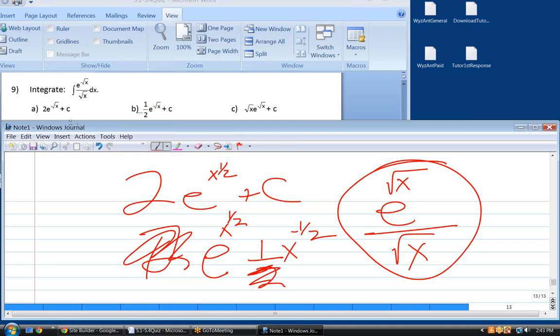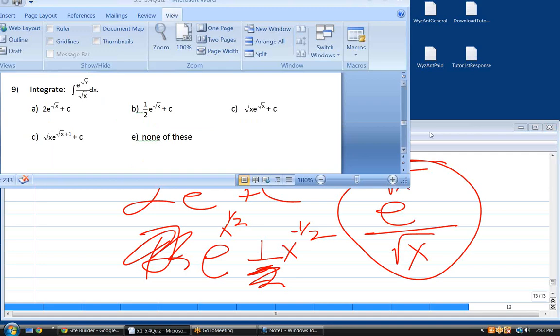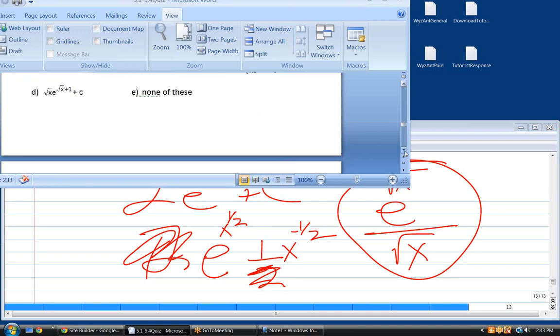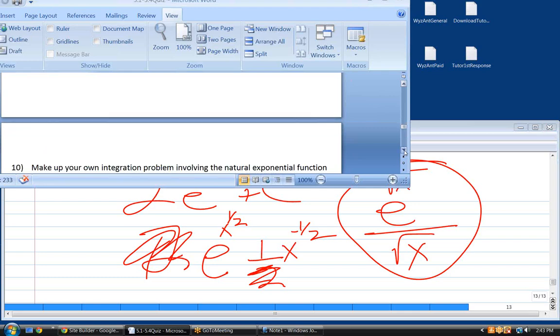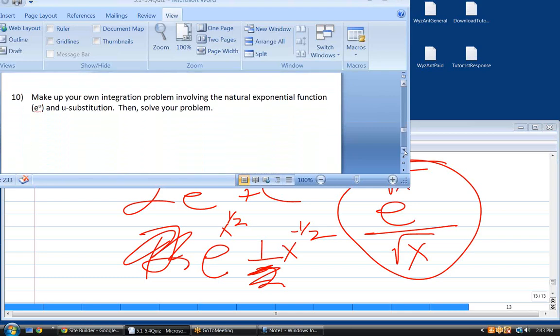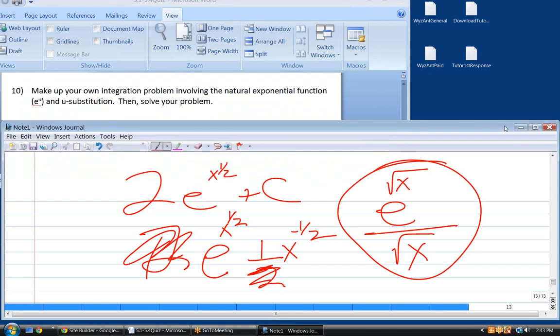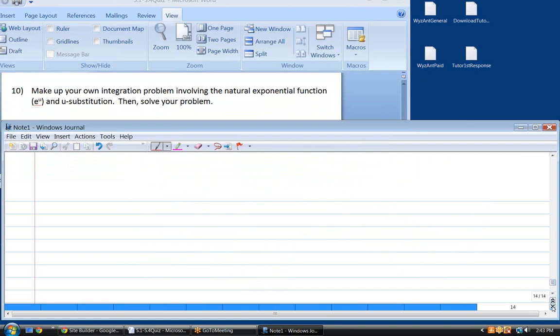Good strategy to remember if you can't figure out how to integrate it. Yeah, there probably is a way to integrate that, and I'm just overlooking it. Integration is a tough thing. It's real easy to forget how to integrate by a certain technique.